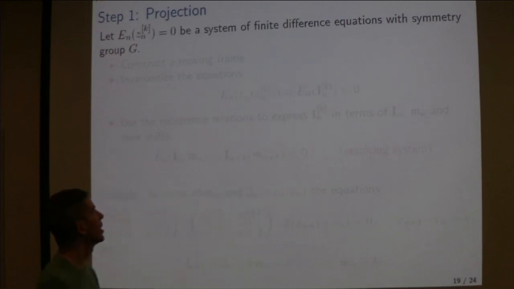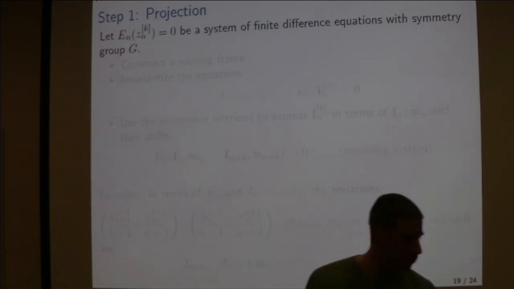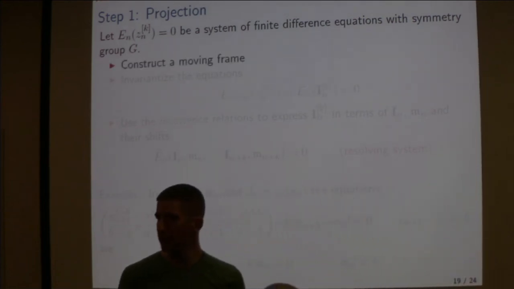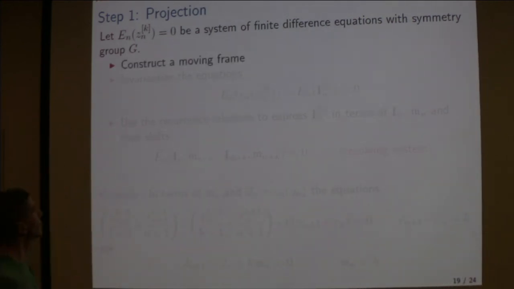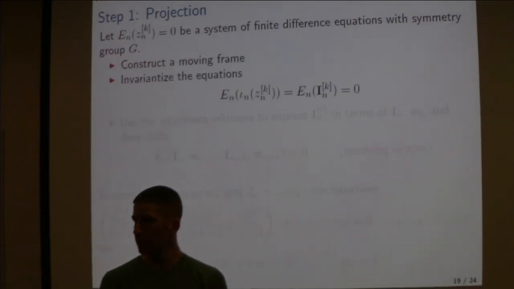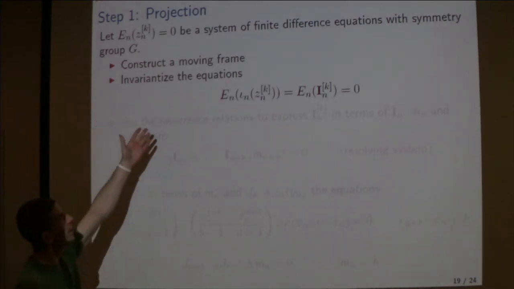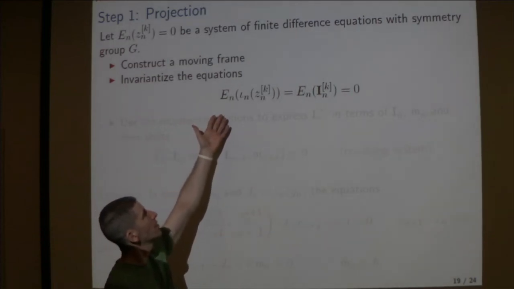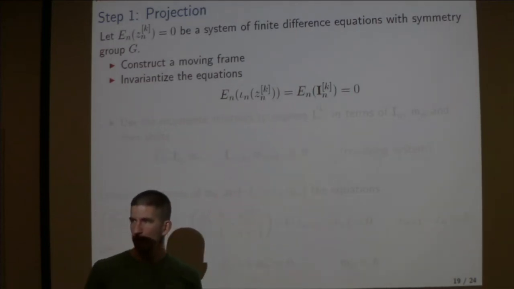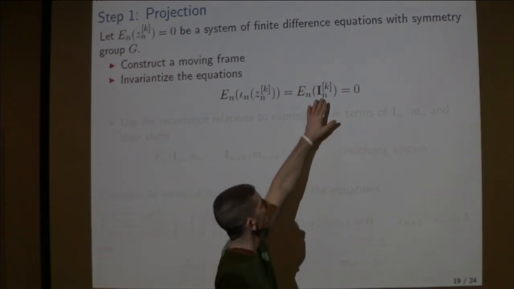And so the projection goes as follows. We have a finite difference equation that admits a symmetry group G. The first step is to construct a moving frame. Then, because we're assuming that the equation is invariant, we can invariantize this equation, and we can write the equation in terms of these normalized invariants I and k.